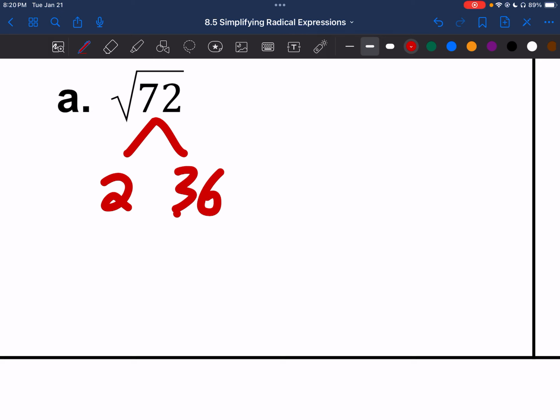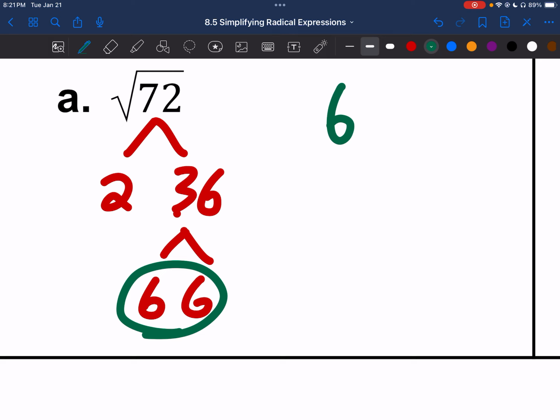Since we're doing a square root, we're looking for groups of 2 of something, and I have a group of 2. So the square root of 36 is going to be a 6. That tree is done. On the other part, I have a 2. There's nothing to go with that 2, so it needs to stay underneath the radical symbol. So you have 6 square root of 2.